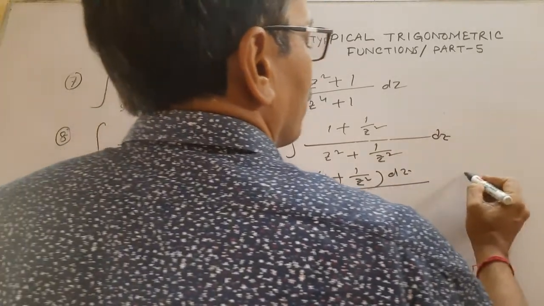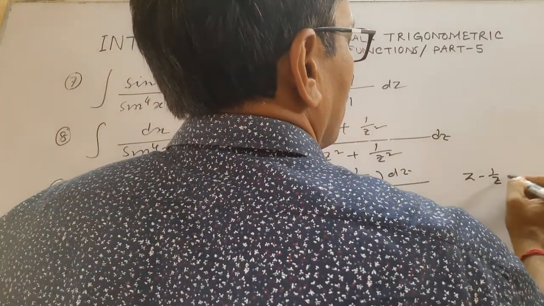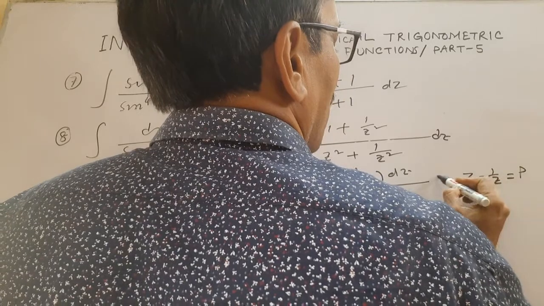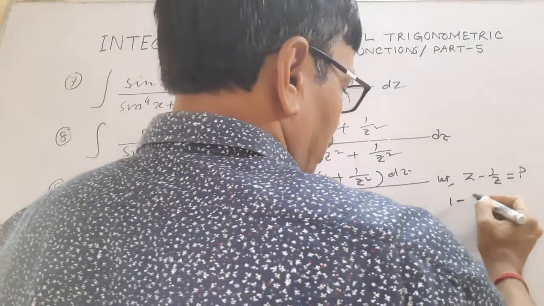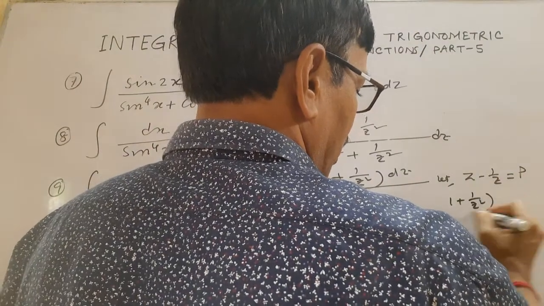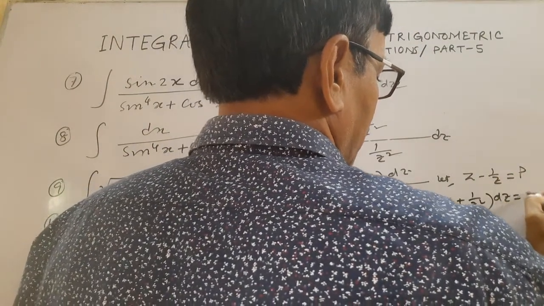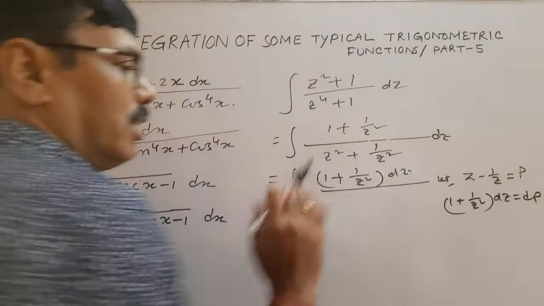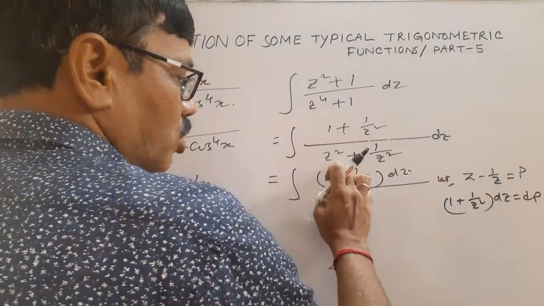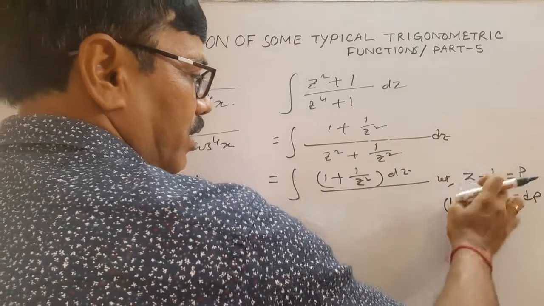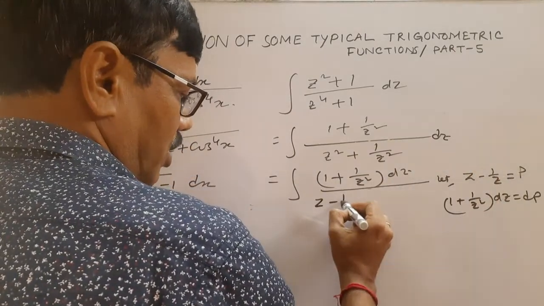And you have to put z minus 1 by z equals to p. Another transformation. Why? Because the derivative of this gives you the numerator. So that is why we are putting this equals to p. Now we express z square plus 1 by z square in terms of z minus 1 by z.